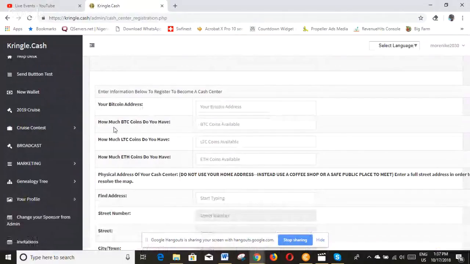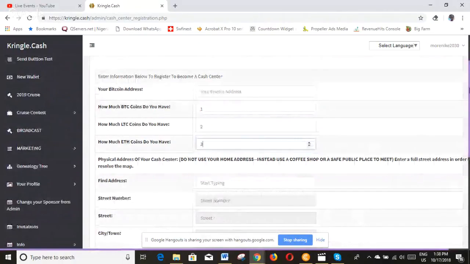Secondly, you write how much Bitcoin you have. You can choose by navigating through here. If you have up to 1 Bitcoin, then your Litecoin. If you have Litecoin, maybe 2 Litecoin, Ethereum, 3 Ethereum.